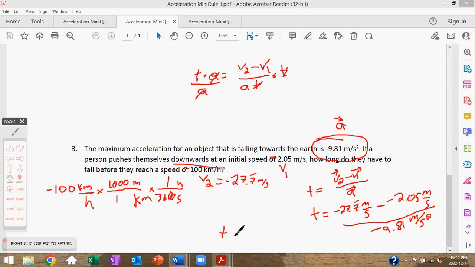Right, and so we do a bit of calculator work here. If you're doing it all at once, make sure you put all of this stuff that's on the top in brackets. Or you do the top stuff first, negative 27.7 repeating, minus negative 2.05, hit enter, and then take your answer and divide by negative 9.81. Either way is going to work, but if you're doing it all at once, make sure you do use the brackets on the top.